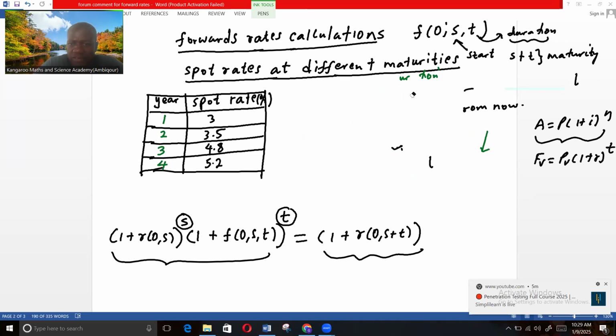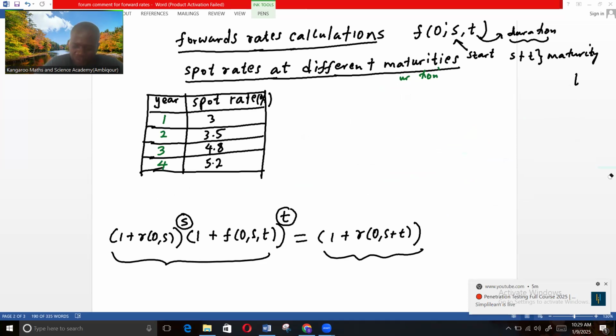So this is what we'll be having. Let me try to explain it now. Remember here we had S plus T, apologies. So if we wanted to make this the subject of the formula, we have to divide both sides by this.